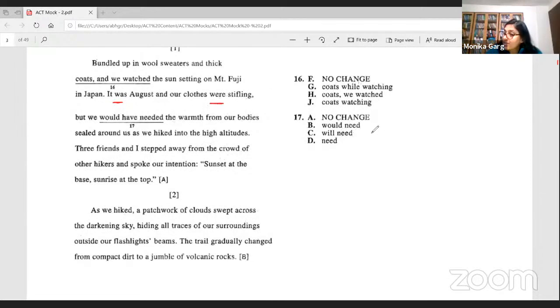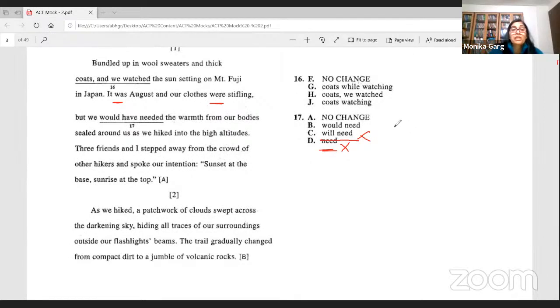And if you look at these options, this one says will need. So that's future tense. This cannot be the correct verb. This one says need. That's present tense, cannot be the correct verb here because you don't jump between the tenses in the same sentence. Now, would have needed is also past, would need is also past.